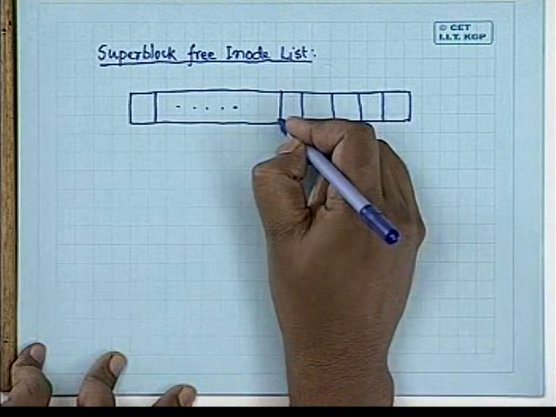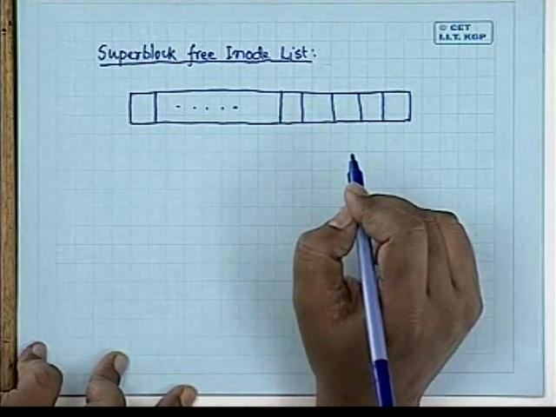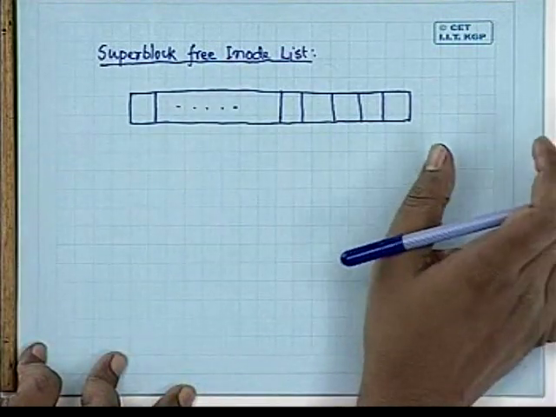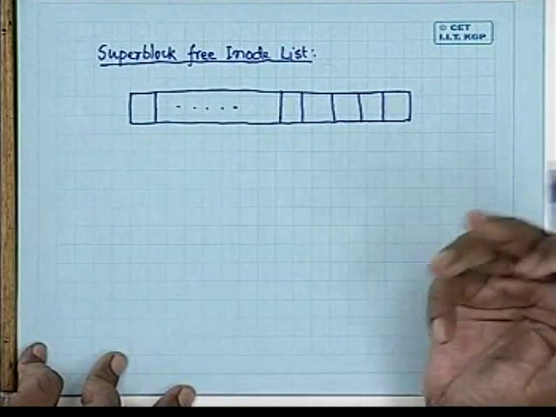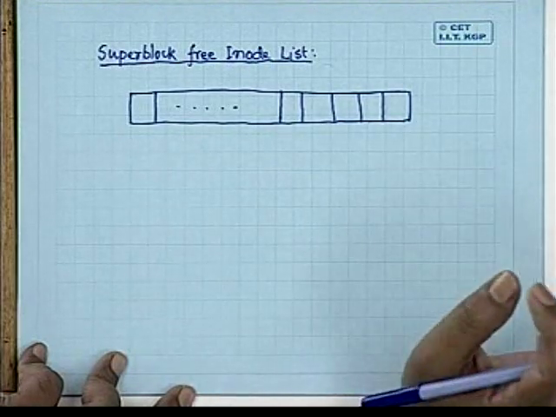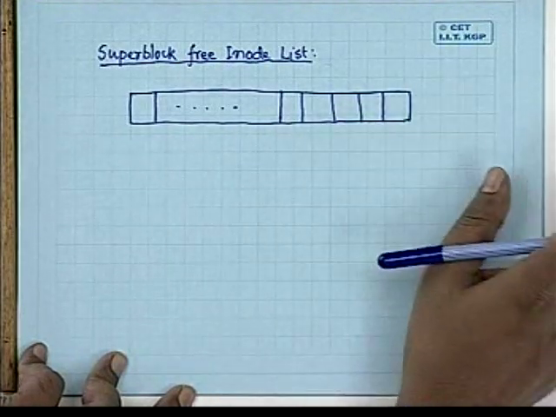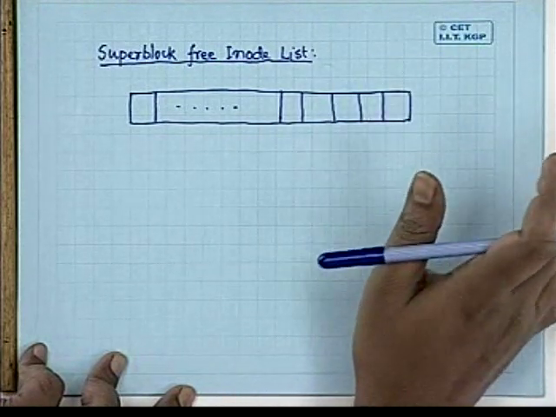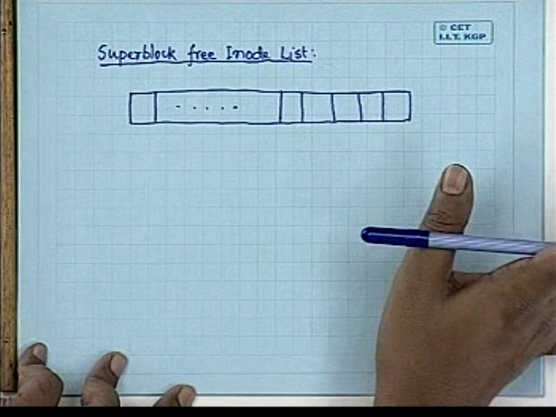Now what will be the initial situation? Initially, I assume that I have a number of inodes which are free on the file system, because some of the inodes will be allocated to the system files whenever you load the operating system. There will be other inodes which are not allocated to any of the system files, which can be used for user data or user directory.